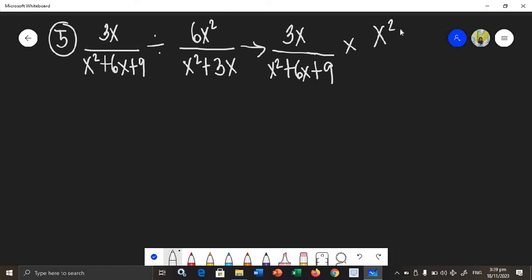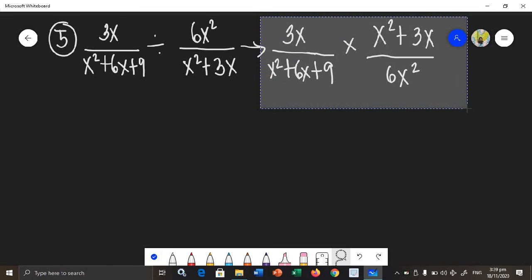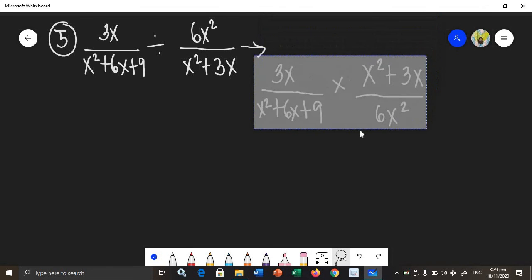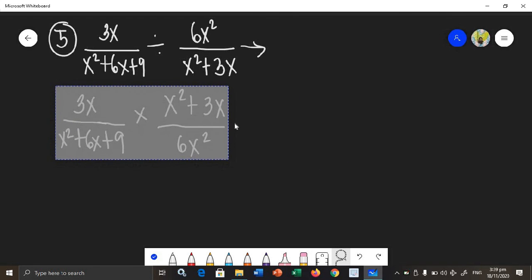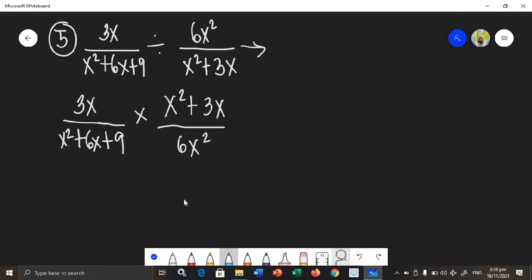So we have x squared plus 3x over 6x squared. This will be now the new set of given that we are going to use to find the quotient. I'm just going to move this, and this will be now our solution.